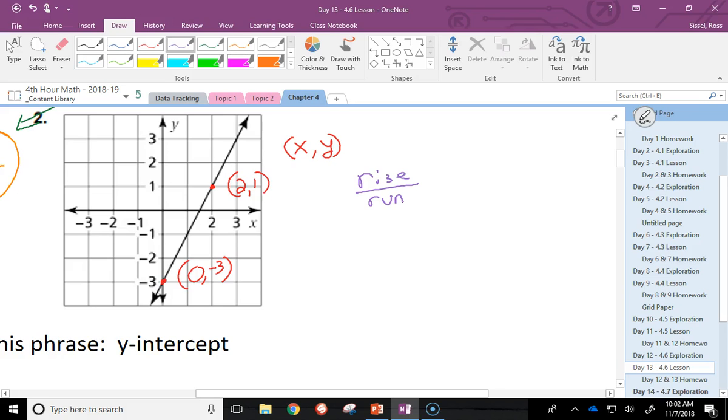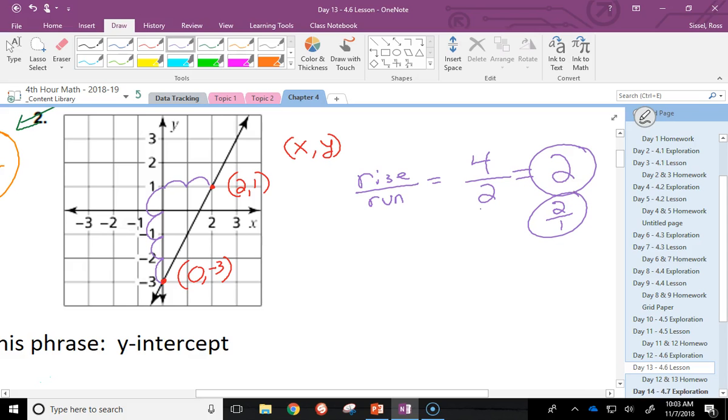What is my rise? 1, 2, 3, 4. We went up 4, and it's a positive 4 because I went up 4. What is my run? 2. 1, 2. Does that simplify any? Yeah, you can simplify it to 2. 4 is larger than 2, it's an improper fraction, and 2 goes into 4 evenly. My slope is 2. If you would write 2 over 1, I would accept that just as much. But we always want to simplify.